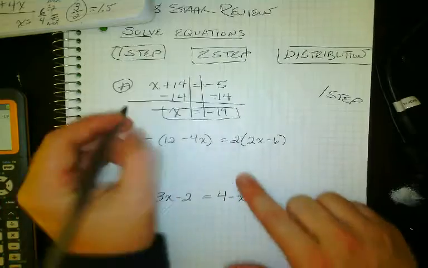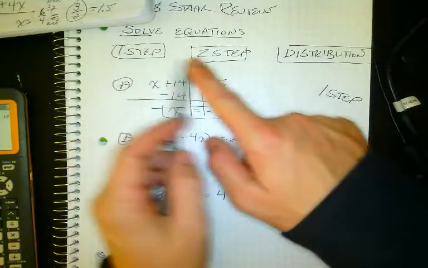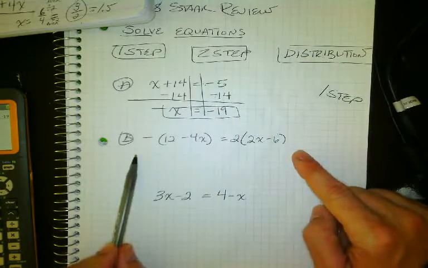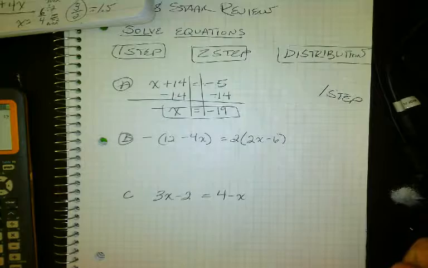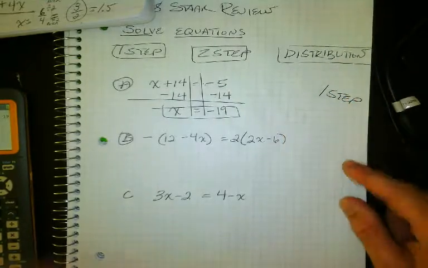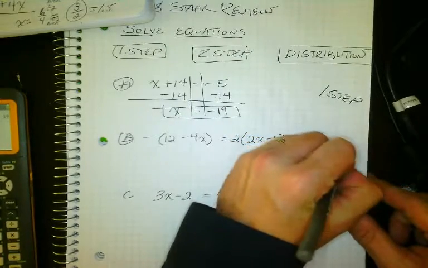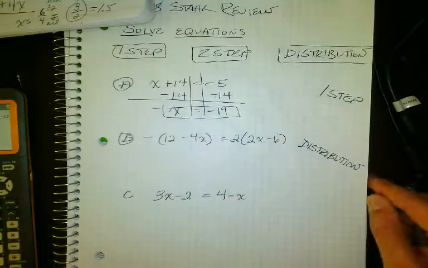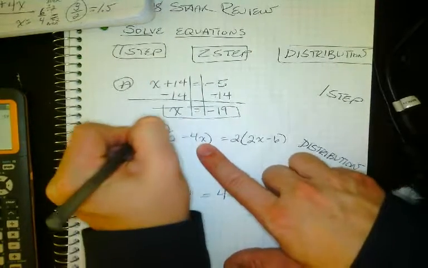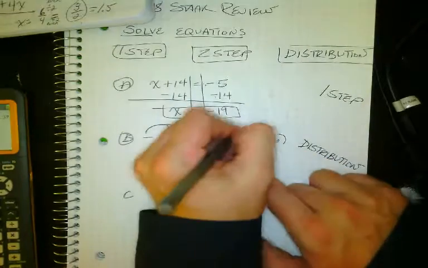Part B, what do you think, Rita? What do you think, Mr. John? Is this going to be a 1-step, 2-step, or distribution for this problem? This one? Yeah, for sure. Con multiplicación. So this is distribution. Good. So we're going to have to take this negative con multiplicación aquí y también aquí en este lado.